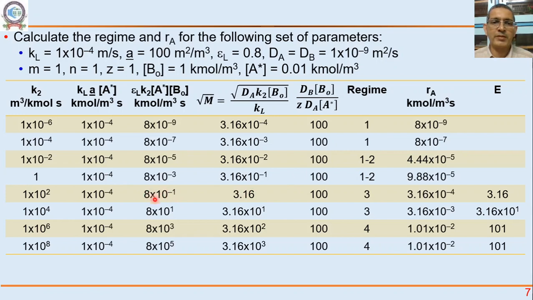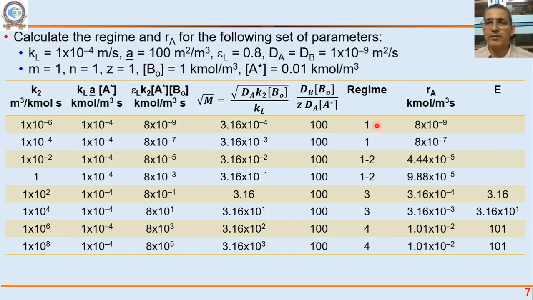Epsilon L K2 A star B naught is far greater than KLA: regime 3. Regime 4, root M is becoming larger and larger, the reaction is becoming faster and faster, there are diffusion limitations of B.